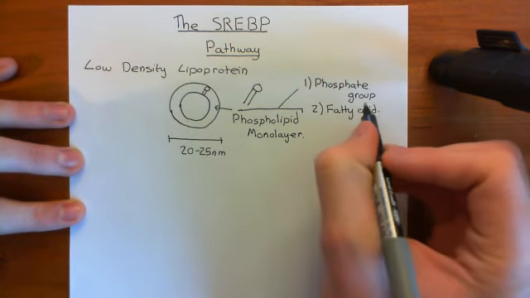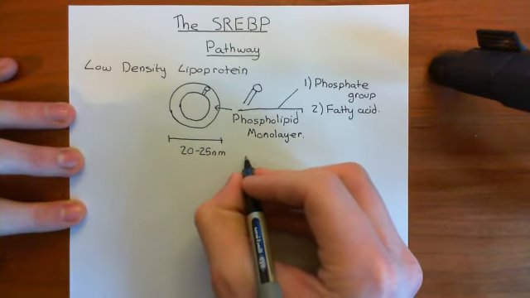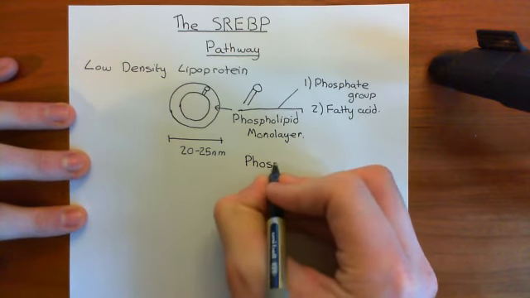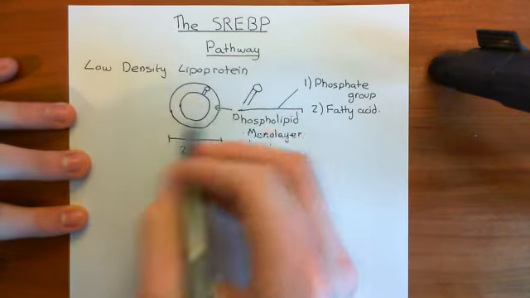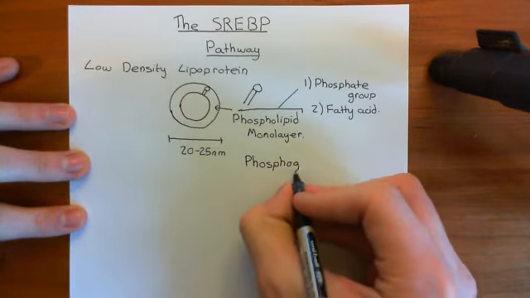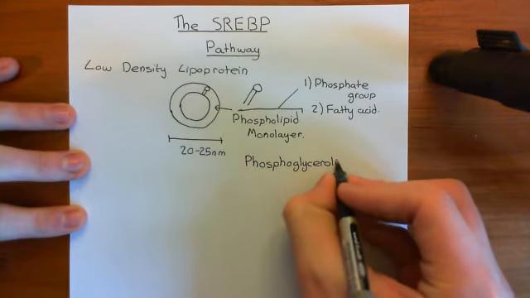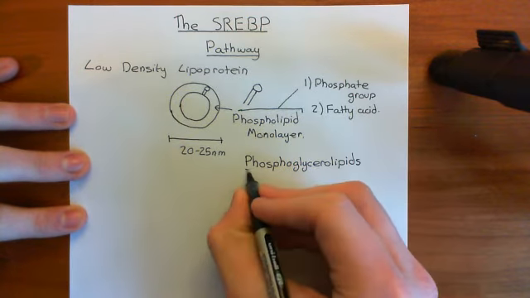One of the major groups of molecules which do satisfy the condition of being a phospholipid is the group of phosphoglycerolipids, of which lecithin, the main one that will be within the phospholipid monolayer of low-density lipoprotein, is an example. So we're going to firstly discuss what phosphoglycerolipids are so that we can see what the structure of lecithin is.